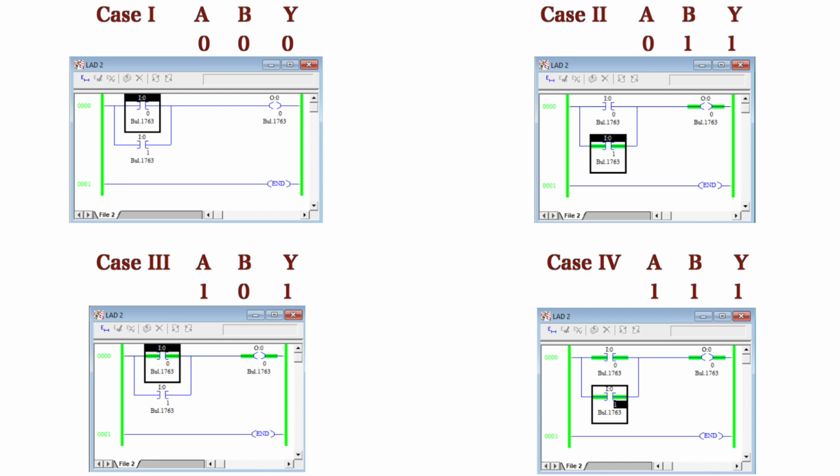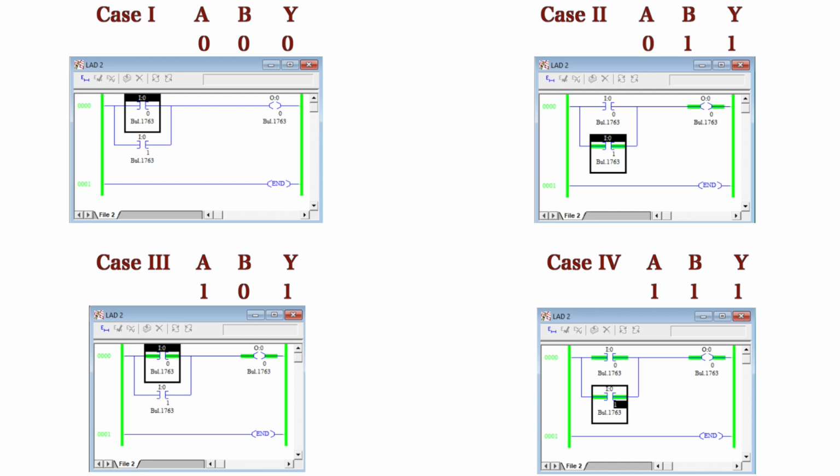So in this case the power will reach the output, and in 1 0 you will get a high output. In the next case, when both the inputs are high or 1, both the switches will change their state from normally open to closed, and you will get a high output.